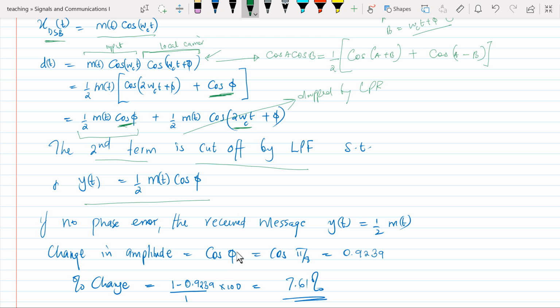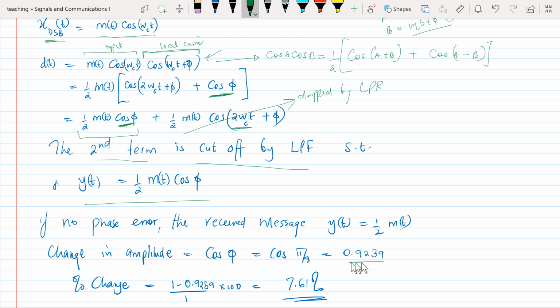But with the presence of this phase error, there is the introduction of cos of pi over 8, which is equivalent to 0.9239. Therefore, the change will be the difference between 1 and this value. So 1 minus 0.9239 divided by 1 times 100 gives us a percentage change of 7.61.